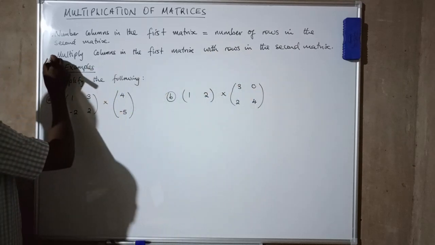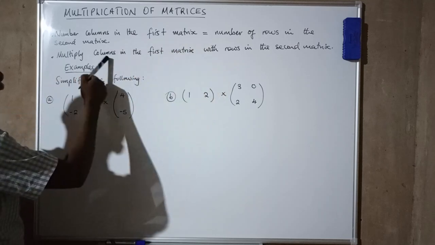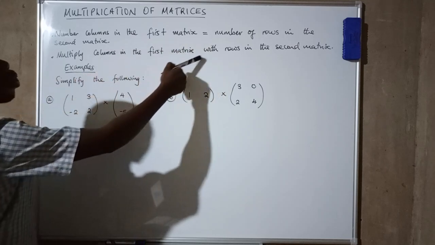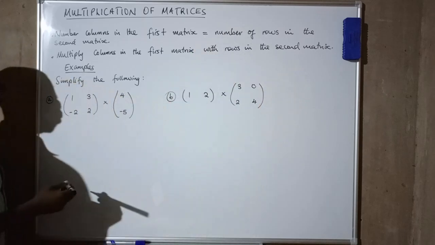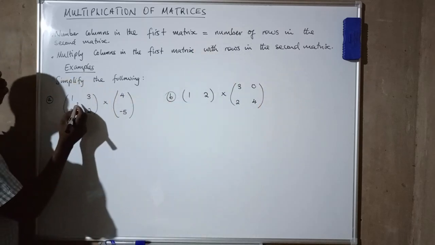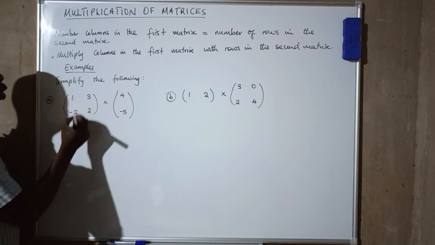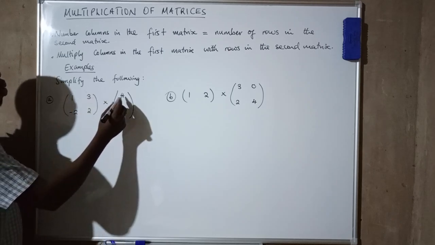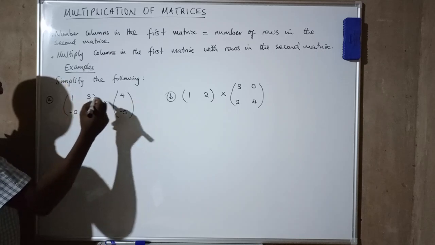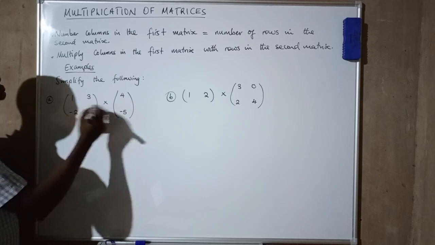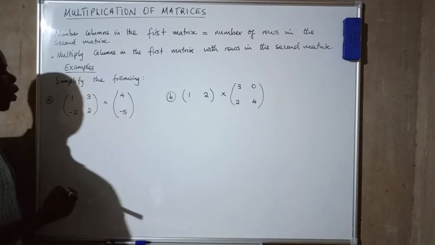Then if that is correct, we multiply columns in the first matrix with the rows in the second matrix. Here we have how many columns? 1, 2. Here we have how many rows? 1, 2. So these columns are equal to the rows. These two matrices can be multiplied.